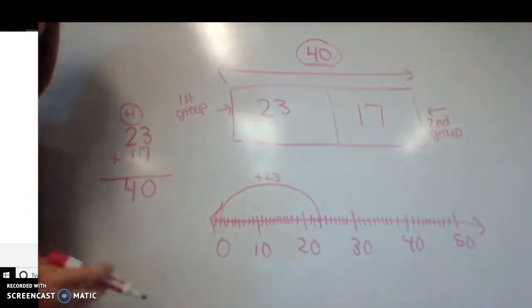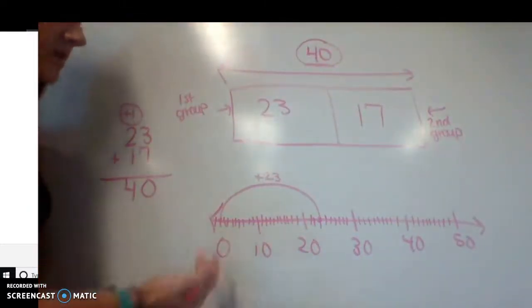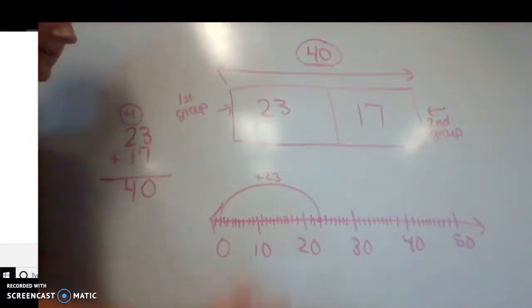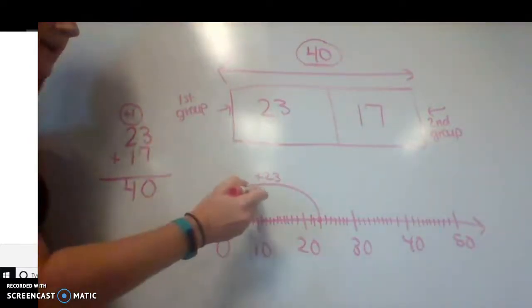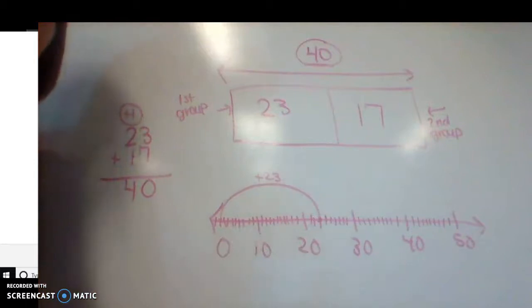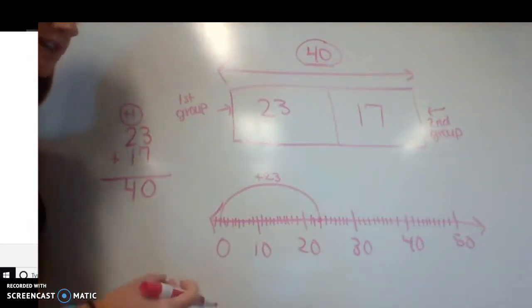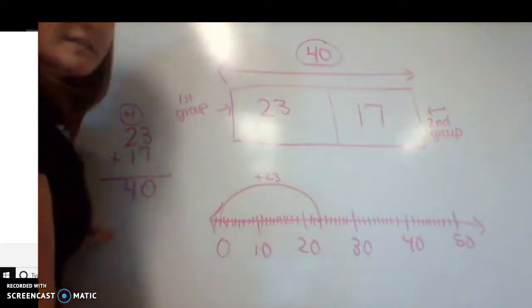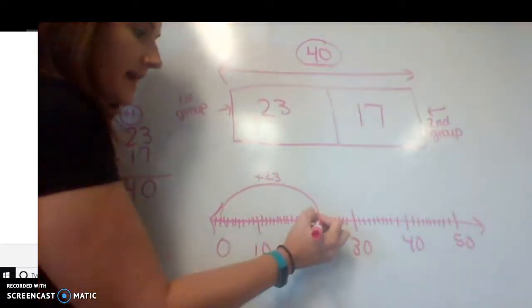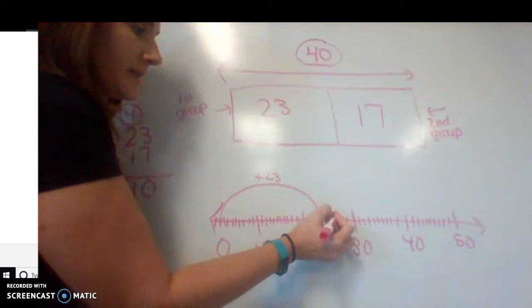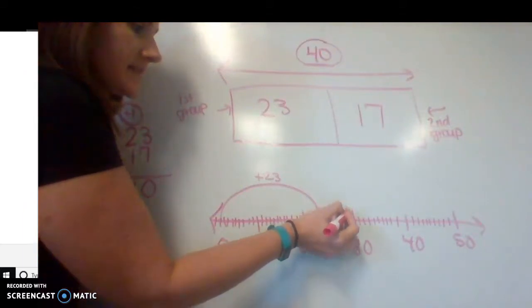Now, the way that they showed in the book with another example was that number line. So they had already showed us that first group skipping 23. Okay, so now that second group has 17 more to go to see what your total time is. So we can double check ourselves here. So I need to go 17 more jumps. So I have 1, 2, 3, 4, 5, 6, 7.